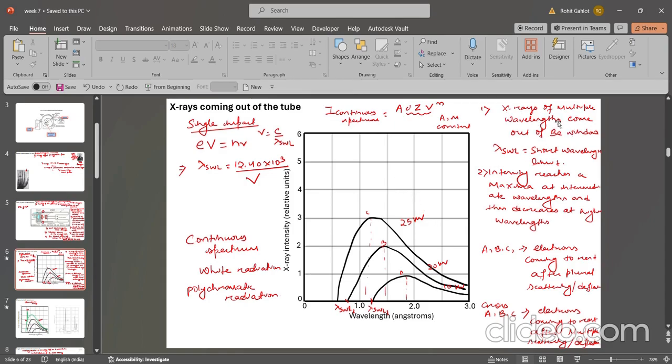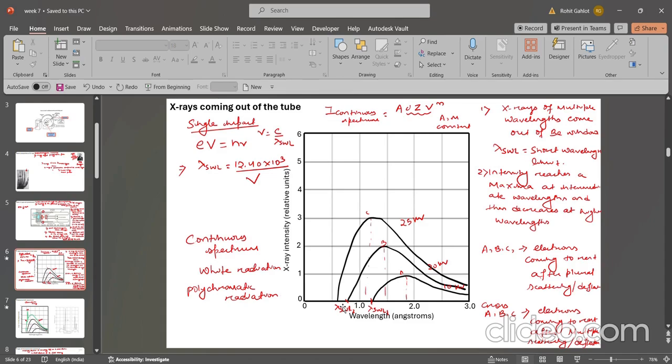As I have written here, X-rays of multiple wavelengths come out of your beryllium window, and there is a term known as lambda SWL, which is the short wavelength limit. We can define it like this: as the electrons fall on your target, a series of things can happen; some lose their energy partially, some lose their energy completely.